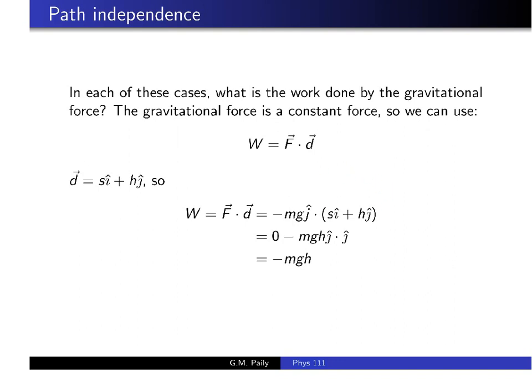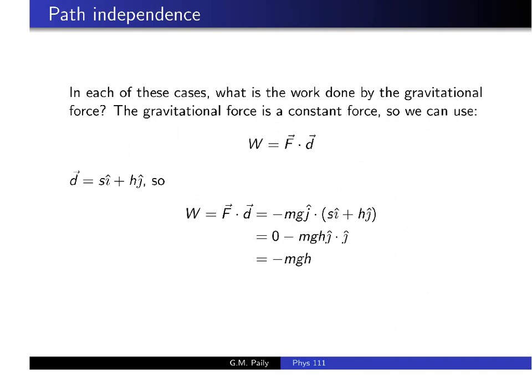And so it simplifies to just minus mgh. That is the work done by the gravitational force. And this makes sense. The work done by the gravitational force in this case is negative because the ball is being moved up, but the gravitational force points down, so they point in opposite directions, and so the work done is negative.